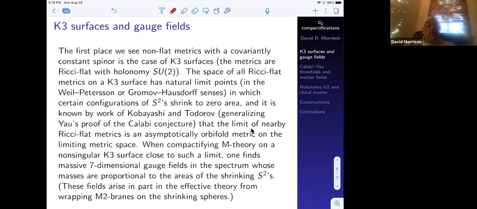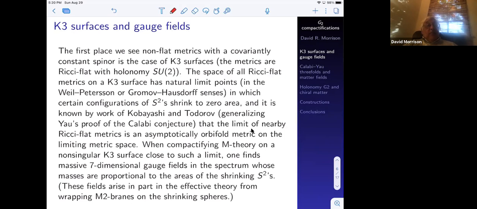So everything works very nicely in the case of K3 surfaces, at least if you're only collapsing collections of S2s. It's a little more complicated to say what happens if the whole K3 collapses to zero volume, but there's been progress on that as well.